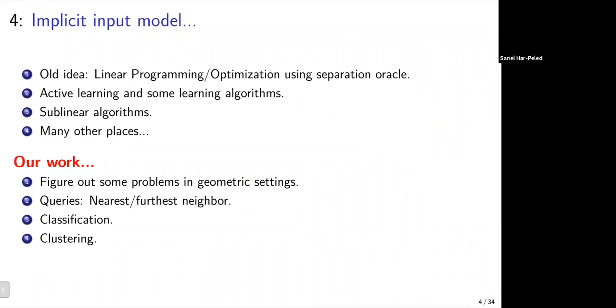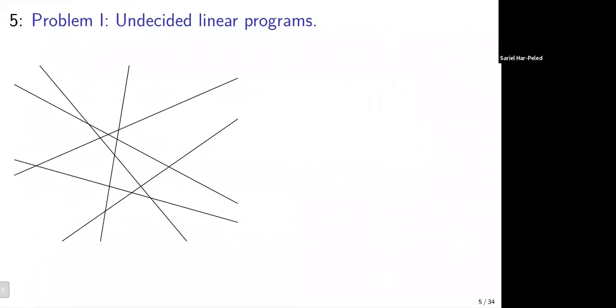Those examples would be in the classification and clustering domain. So the first problem that we looked at is undecided linear programming, or what I would call undecided LP, where you have a set of constraints, let's assume in 2 dimensions. So you have a linear constraint, but you don't know which way the inequality goes.